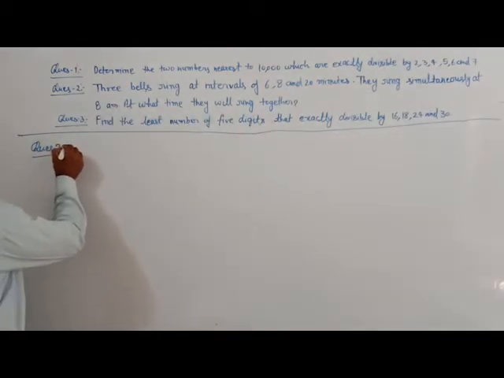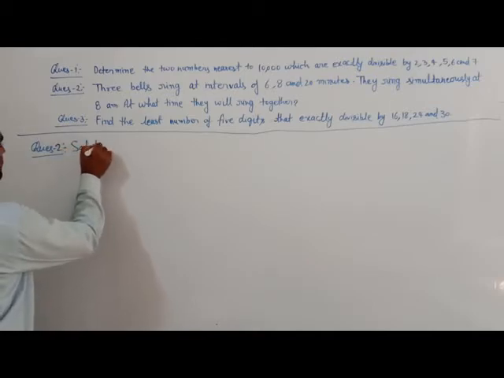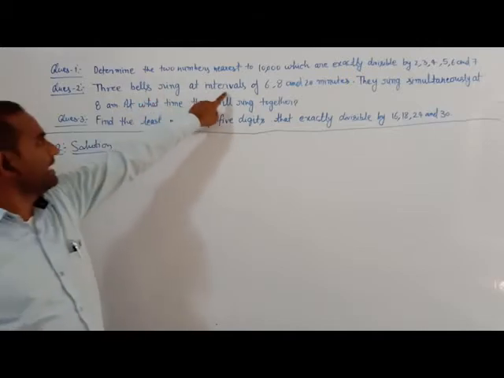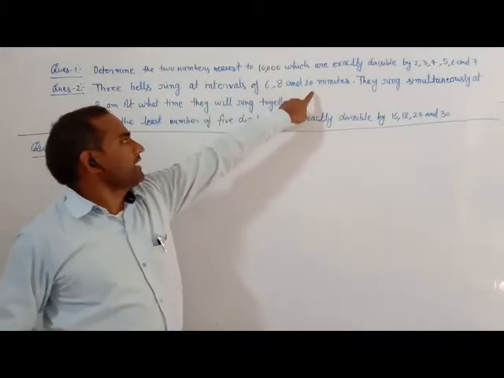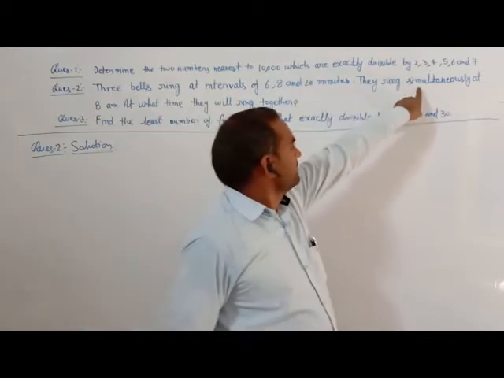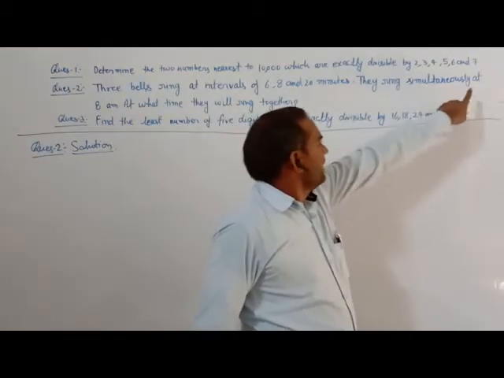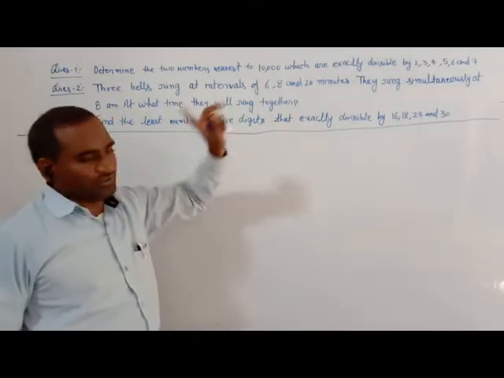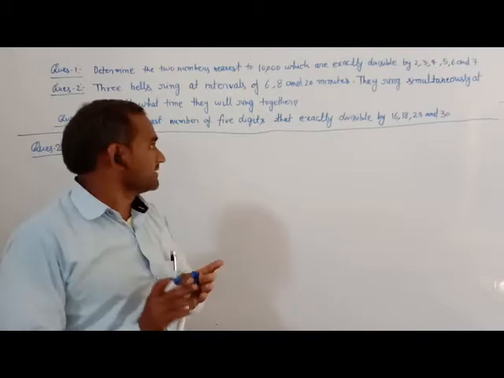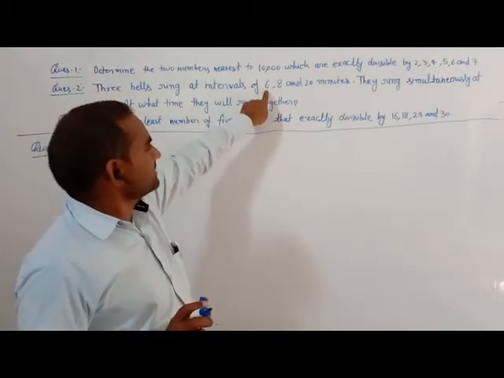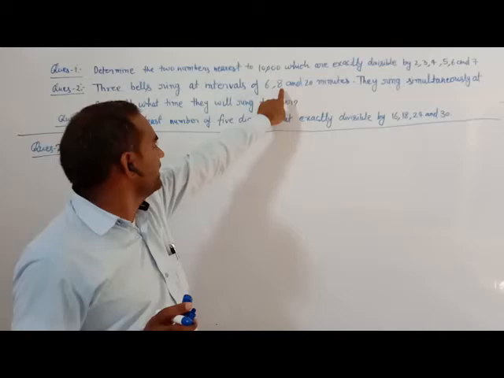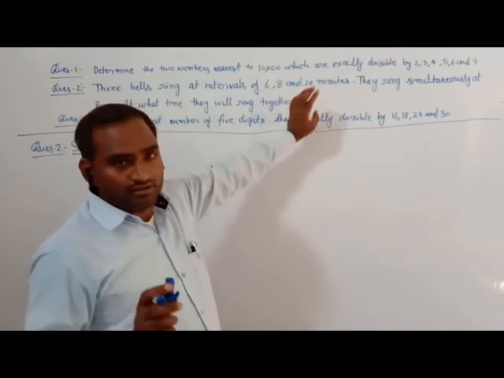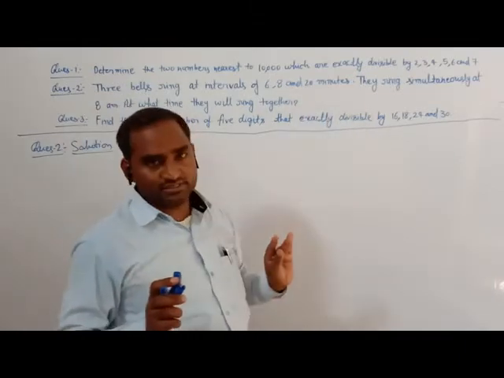Second question is: three bells ring at intervals of 6, 8 and 20 minutes. They ring simultaneously at 8 AM. At what time will they ring together? Three bells ring. The first bell rings after 6 minutes, the second bell rings after 8 minutes and the third bell rings after 20 minutes.